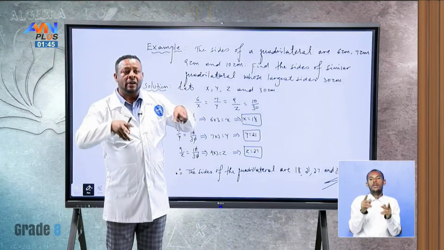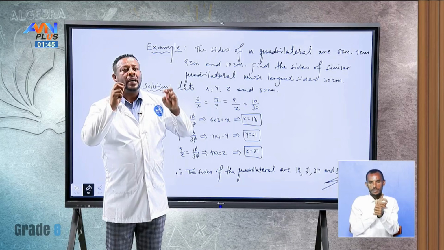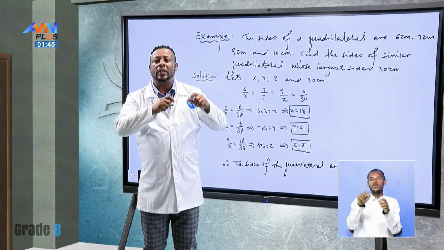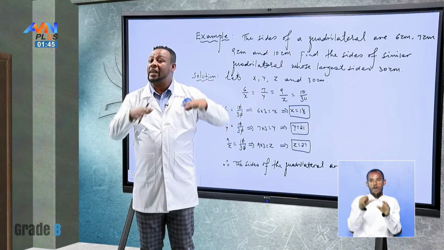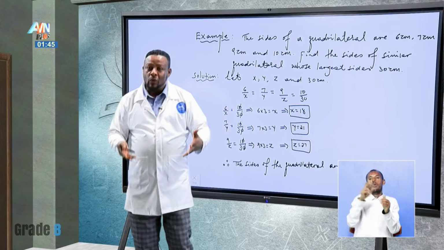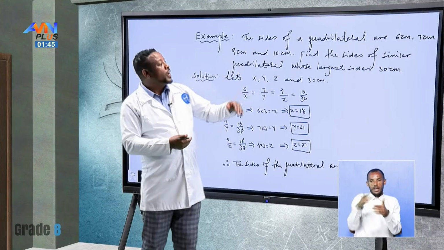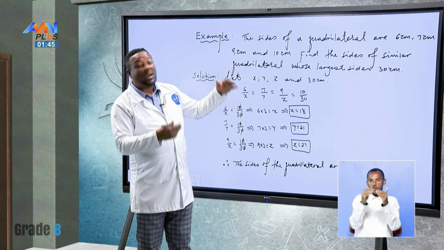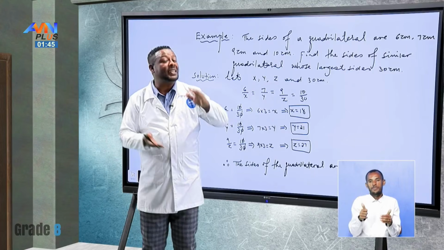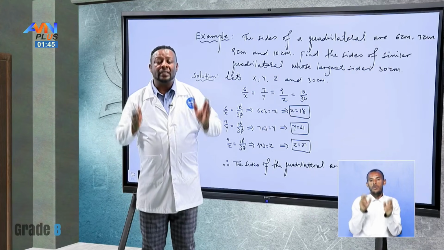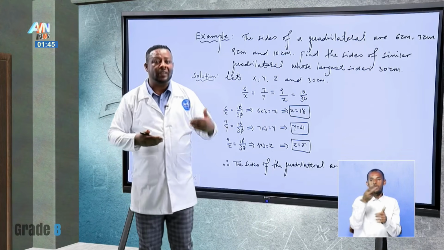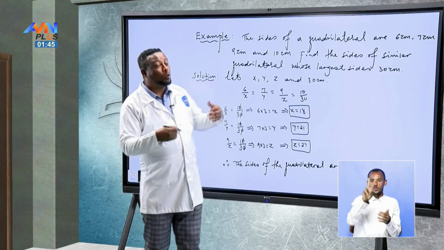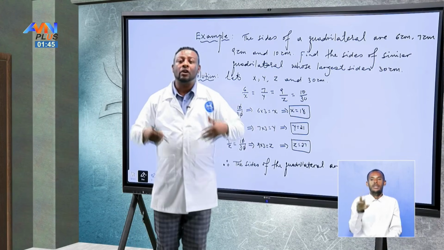The first one is you need to cross-check whether the pairs of corresponding angles are congruent or not. The second one, you need to cross-check whether the ratios of all pairs of corresponding sides are the same or not. This is how you check whether two polygons are similar or not.